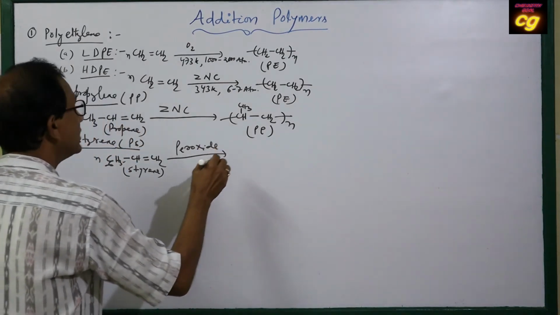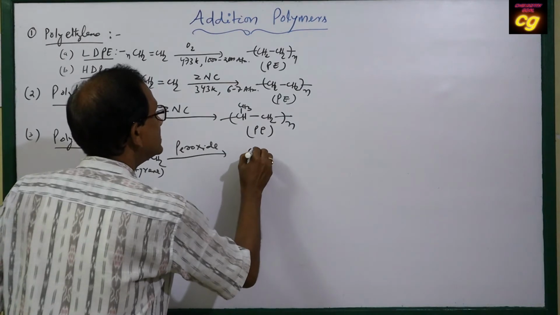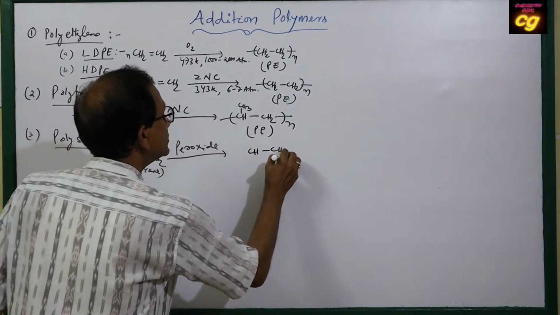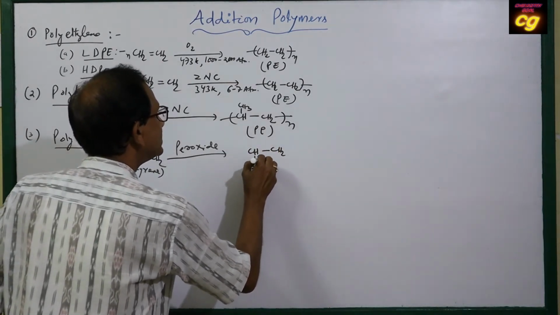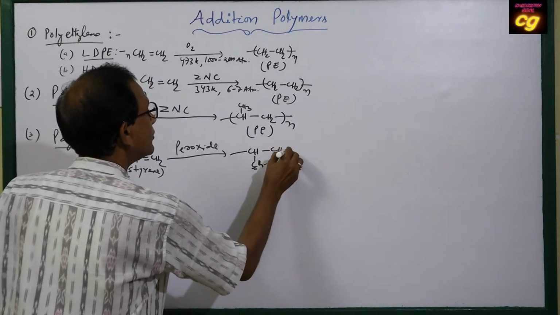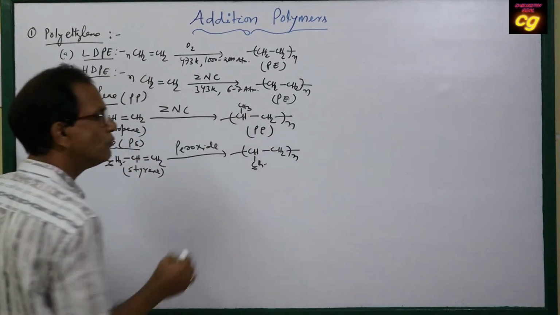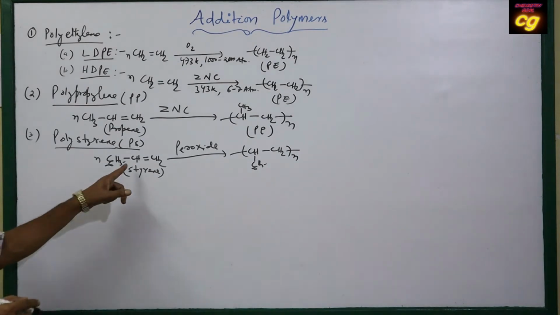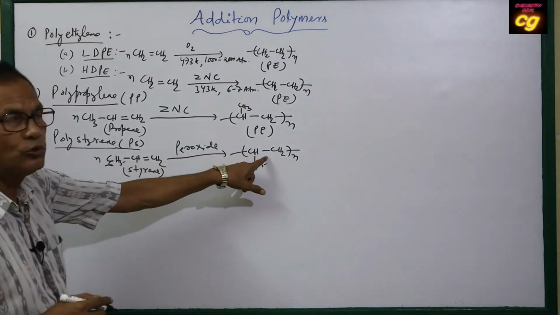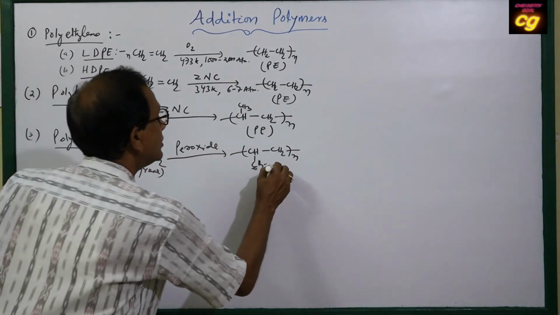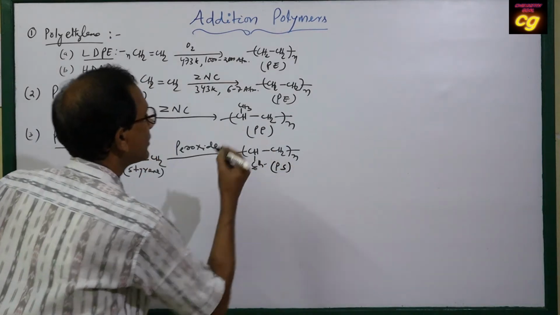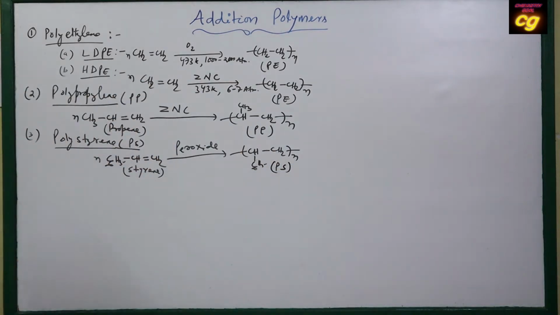You can write it like this: CH single bond CH2, then C6H5, whole bracket. The formula is the same, there is no change in the formula. Only the double bond converts to a single bond. This is called polystyrene. Polystyrene is used for TV cabinets and also combs and different types of toys.